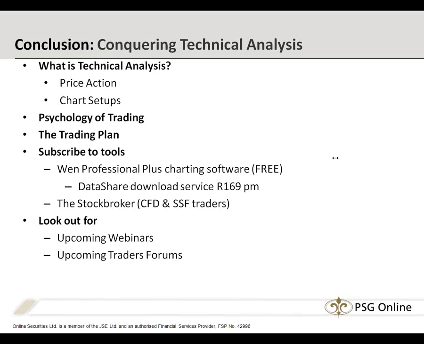The JSE Surveillance Department is very aware of any manipulation. If the price moves more than 5 or 10%, obviously trading is suspended and that kind of thing. Yes, the institutions are the big players in the market. Be aware of that, but you can take advantage of that.